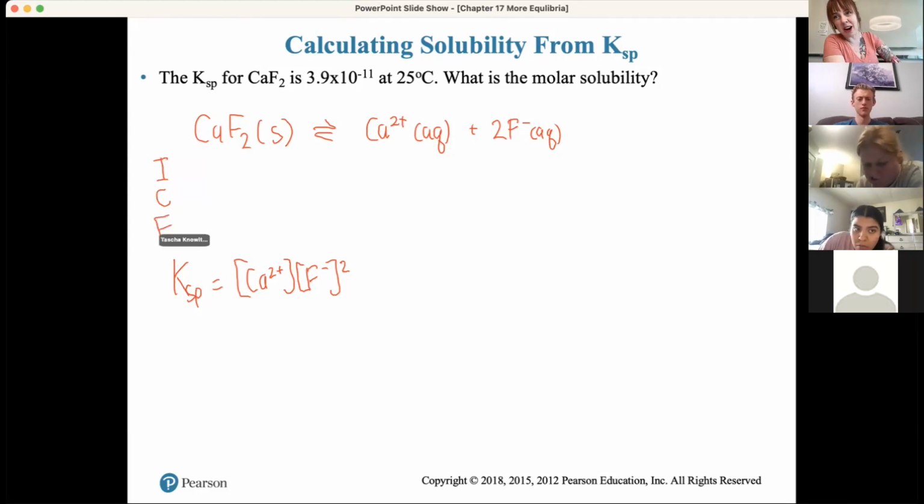Now, what thing do we not care about, because it's a pure substance? The calcium fluoride. Yeah, we don't have to care about our reactants. Technically, we have some reactant that's solid and it is being dissociated into a solution.